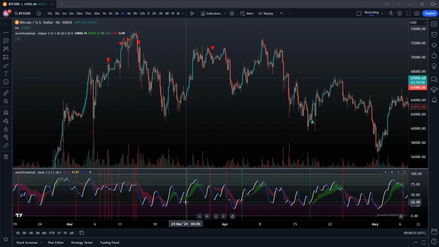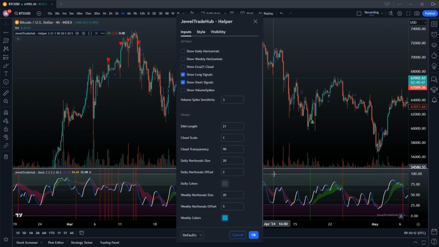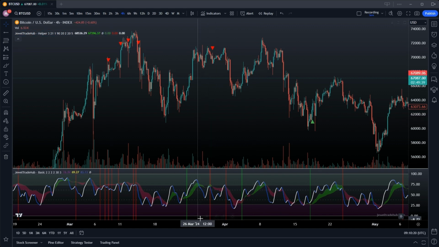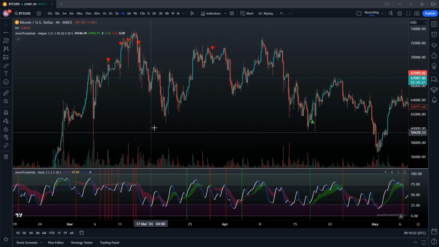You're going to have more signals, but the helper is still using the default settings, so to speak. Unfortunately, there's no way in TradingView to link the two together so they can use the same setting at the same time. I will add in the future in the helper a way to modify the smoothing and sensitivity, just in case you want to match both, which would make sense.